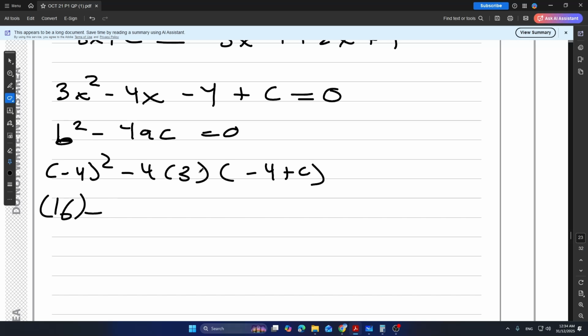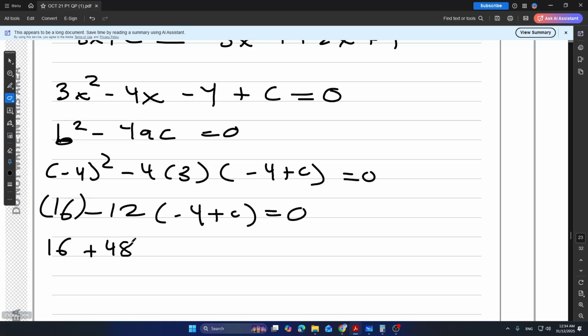Minus 4 times 3 is 12, equal to 0. So minus 12 times minus 4 is plus 48. So 16 plus 48, and minus 12 times c is minus 12c equals 0.